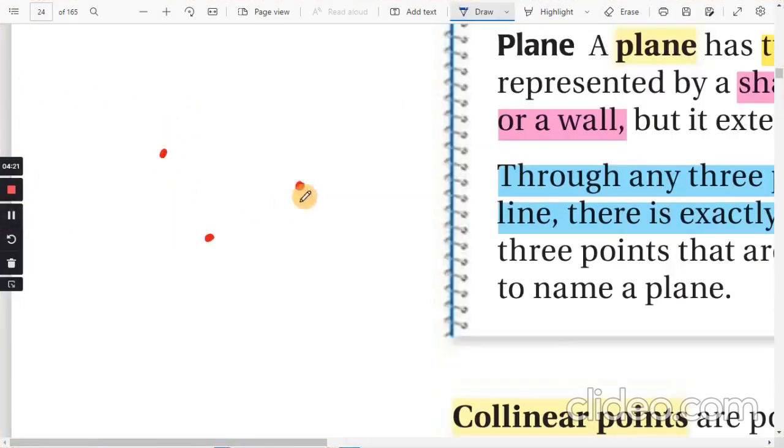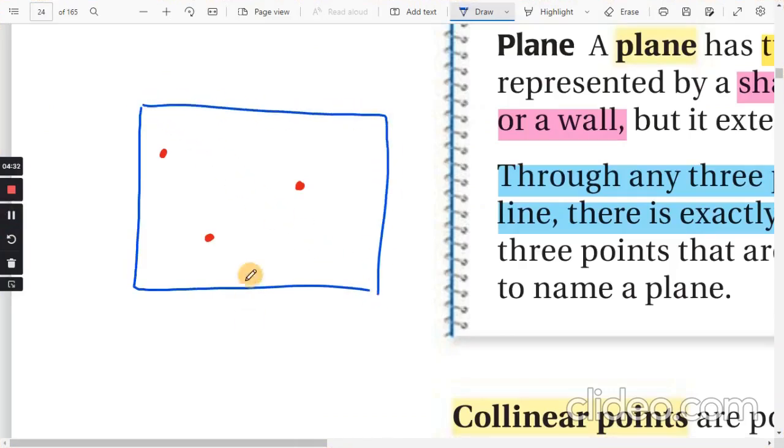So if you have 3 points in space, there is only 1 plane that will fit those 3 points, okay, as long as they're not all on the same line. So imagine these points are on the screen, and then imagine the screen as a plane. So as long as they're not all on the same line, there's only 1 plane that fits 3 points.